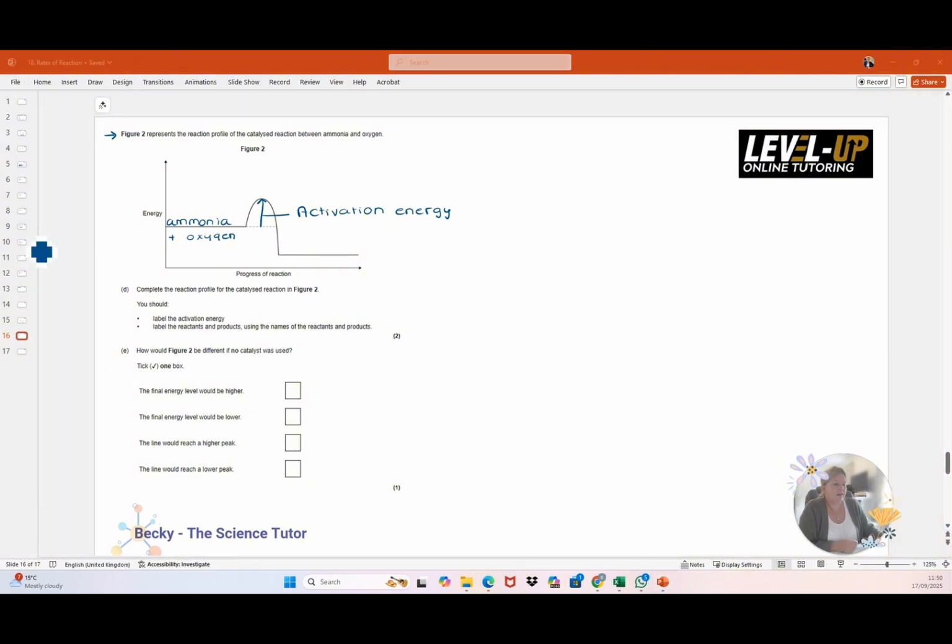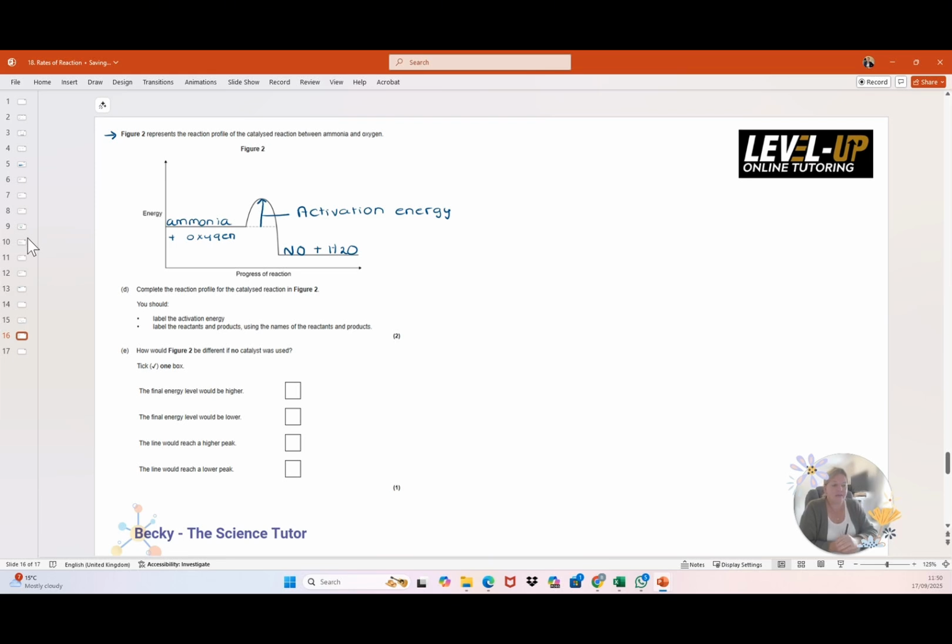So the same for our products. So our products are nitrogen monoxide and water, and it doesn't matter, I'll put one of each, whether you put the words or the symbols as long as they are correct. Yeah, so we've got to have H2O for water, because we've got to have the correct products. Yeah, and so we're completing that graph.